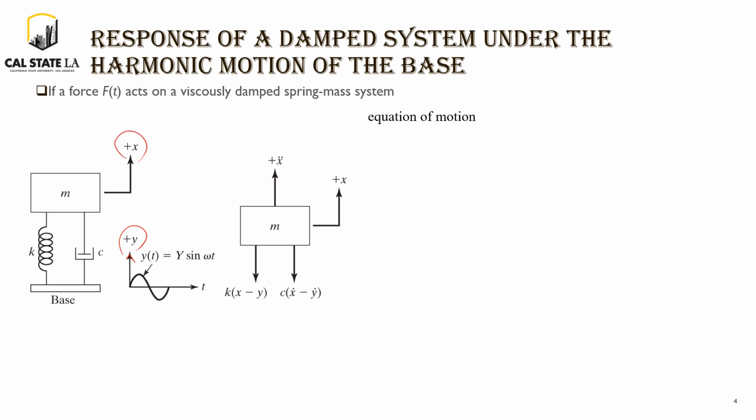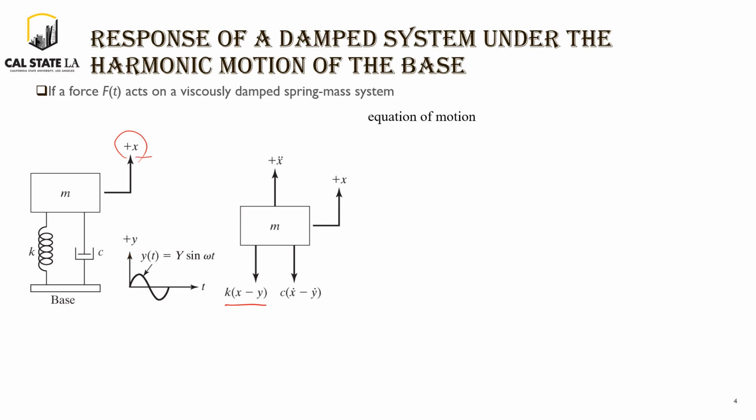We know that the force from the spring and the damper really depends on the relative motion between x and y. If there is no relative motion, there won't be any force in the spring and the damper, right? So the force created by the spring depends on the difference between x and y.